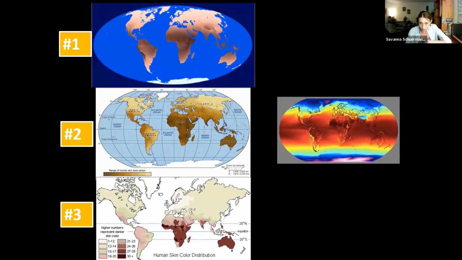And so skin color is an environmental adaptation to the particular environments people used to inhabit. Namely, it's a trade-off between blocking out harmful UV radiation and also allowing enough UVB radiation in to synthesize vitamin D. Your body requires UVB radiation to synthesize vitamin D. It happens in the layers of your skin.